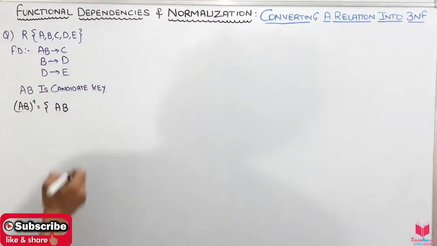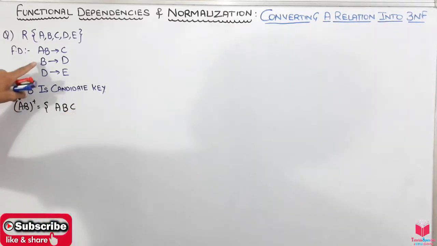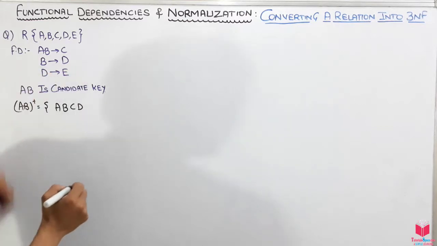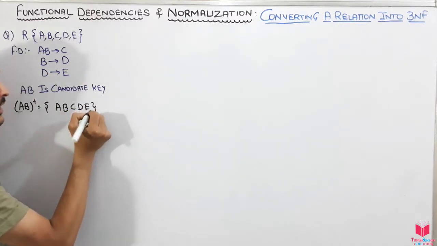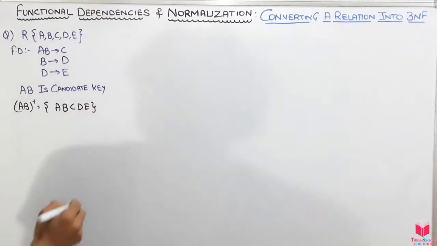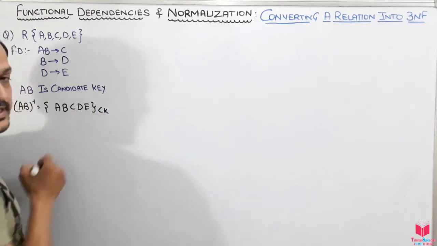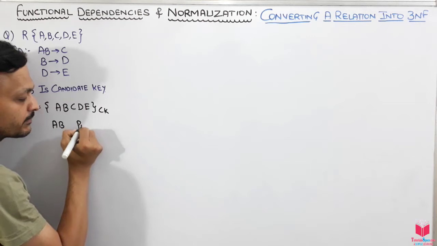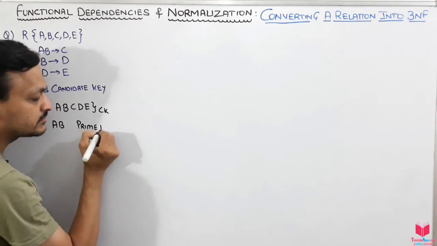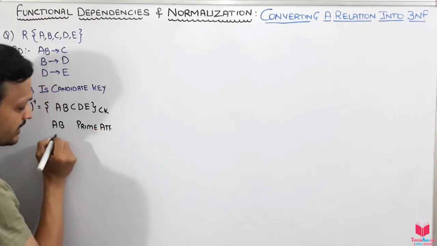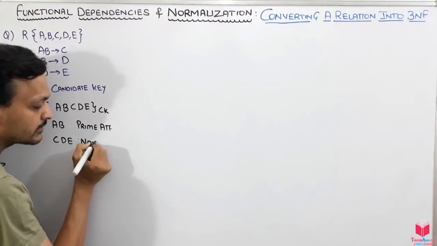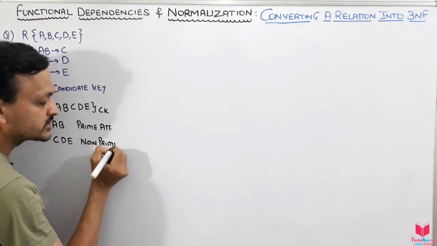From AB I can find C, from B I can find D, and from D I can find E. So all attributes come here. That means this is the candidate key. That means A, B are prime attributes, and C, D, E are non-prime attributes.